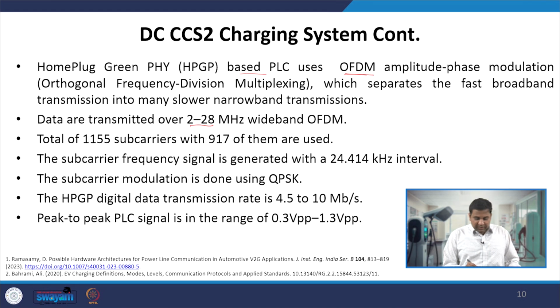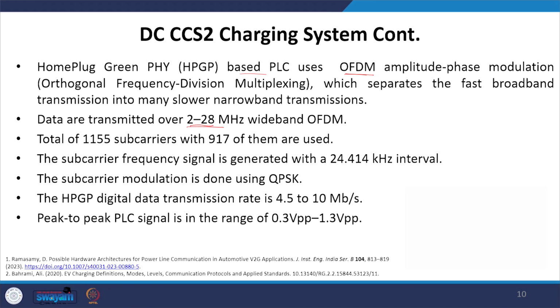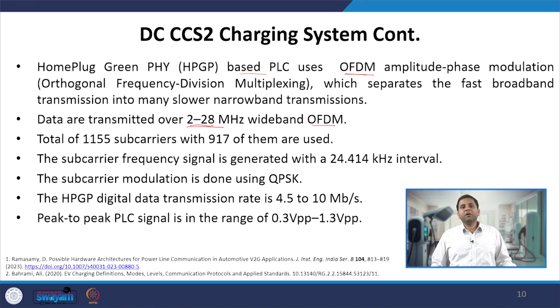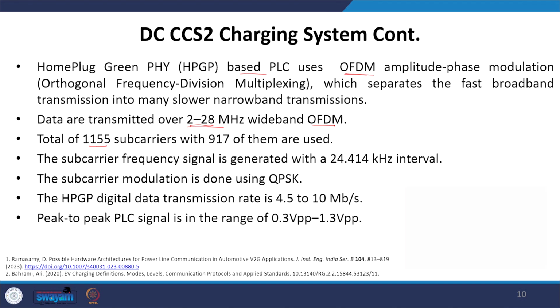Since there is a 2 to 28 megahertz wideband OFDM, all the frequencies are multiplexed using the orthogonal frequency division method, and it has a total of 1155 subcarriers, with 917 of them used while the others are not used. That means that many frequency bands are not being used, and each subcarrier is generated with a 24.414 kilohertz interval.